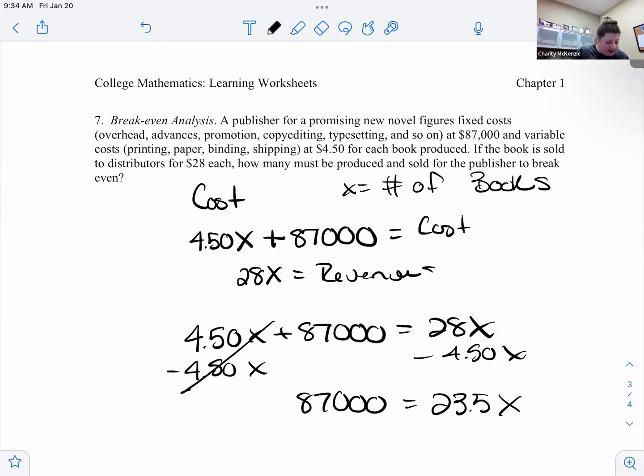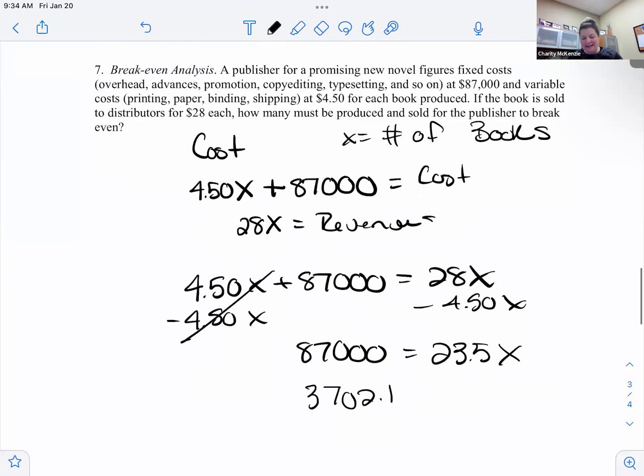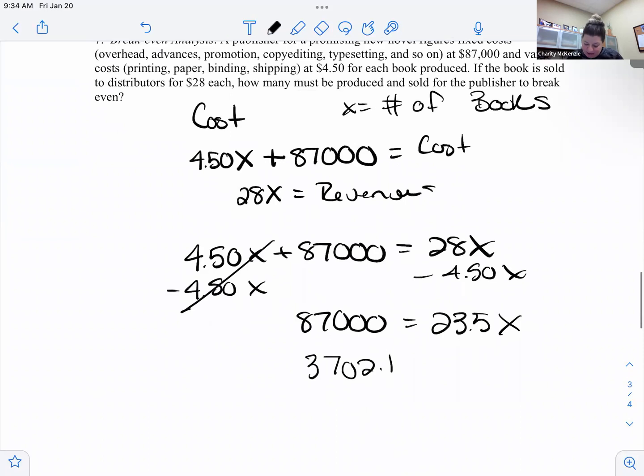So 87,000 divided by 23.5, I get 3,702.1, but we can't really sell 0.1 of a book, so our answer would be 3,703.